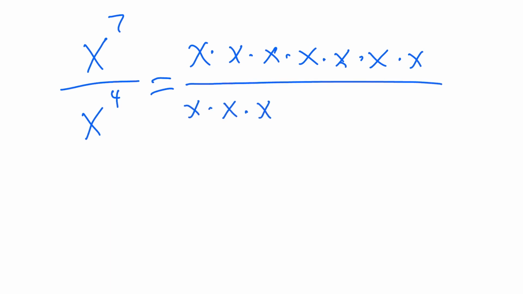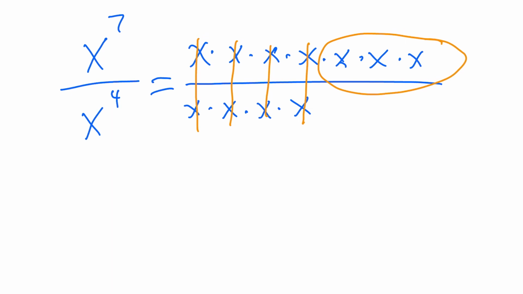Then I can see that 4 of those x's will reduce out. So this one, this one, this one, and this one. Now I have 3 x's left in the numerator. So x to the 7th divided by x to the 4th is simply x to the 3rd.